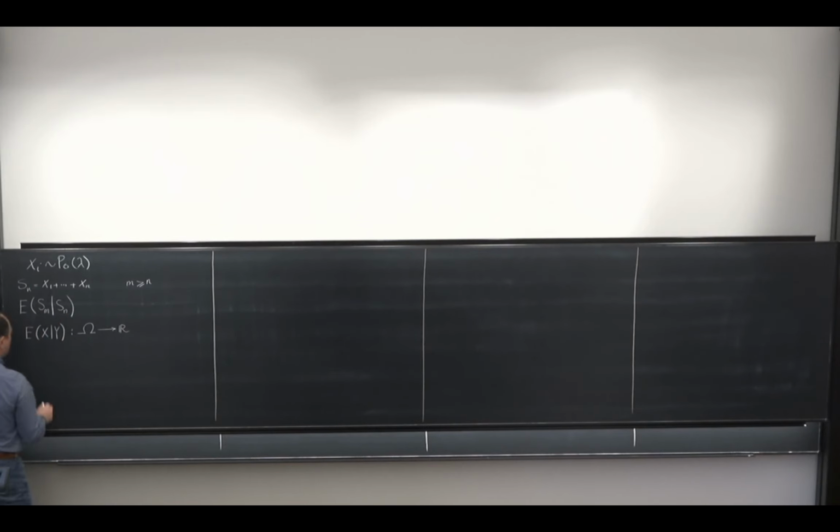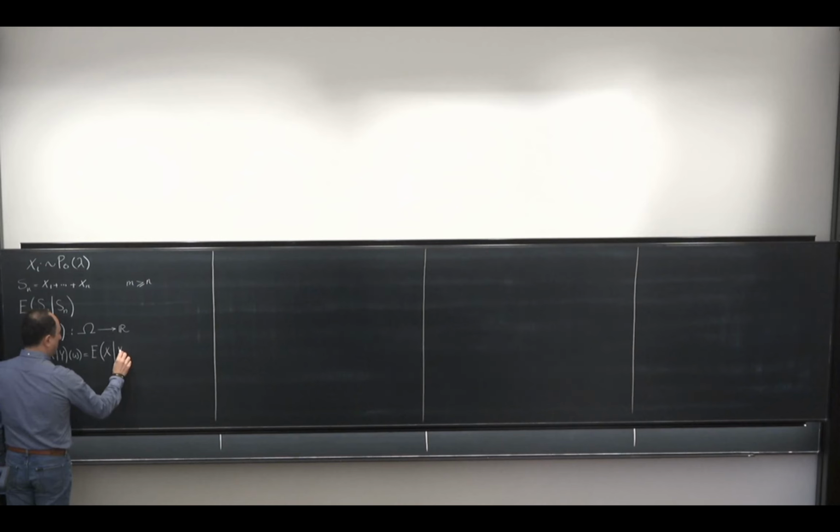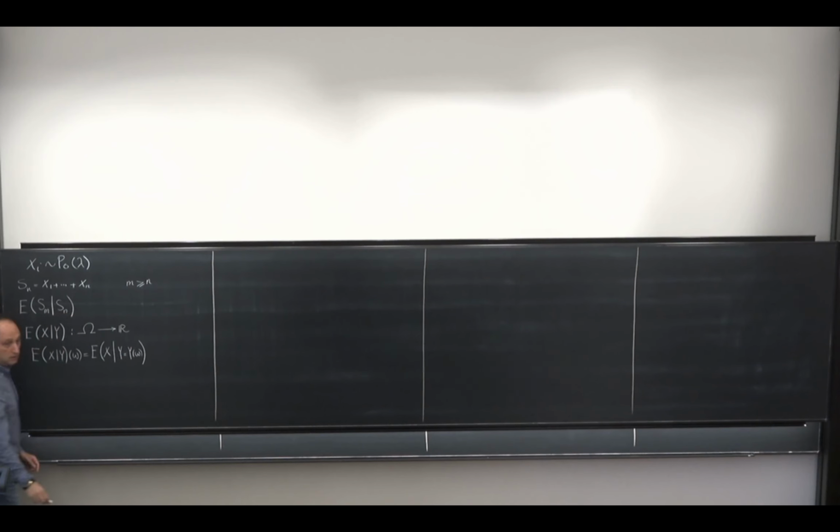So this in principle is defined in this way. If this acts on omega, this will give you the probability of X provided that Y is equal to Y of that omega. Okay, so that's the meaning of this random variable. If you feed it with an omega from the sample space, it gives you this number back, and that's the meaning of being a random variable.